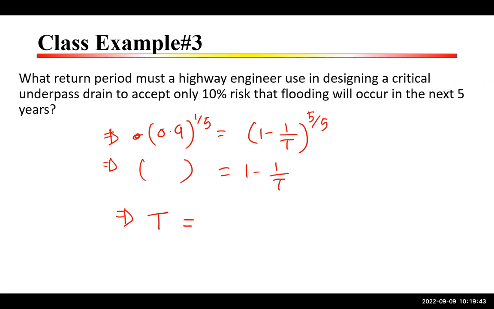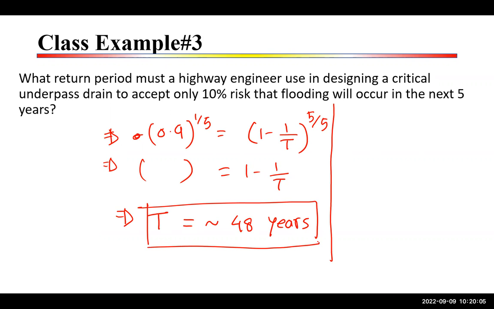If you do the calculation, you should get 48 point something, around 48. So something around 48 years. That is the return period for a 10% risk that flooding will occur in the next 5 years.